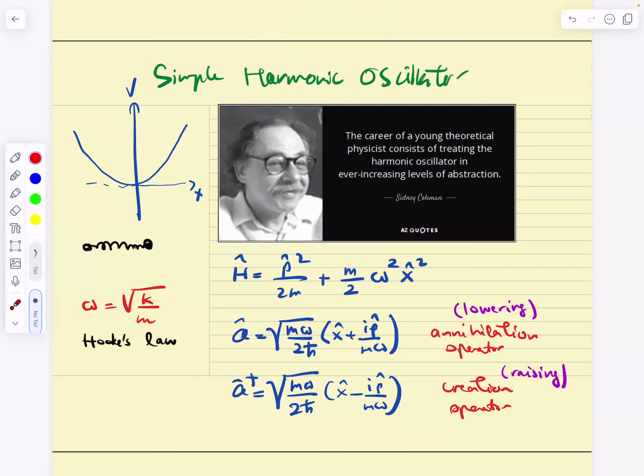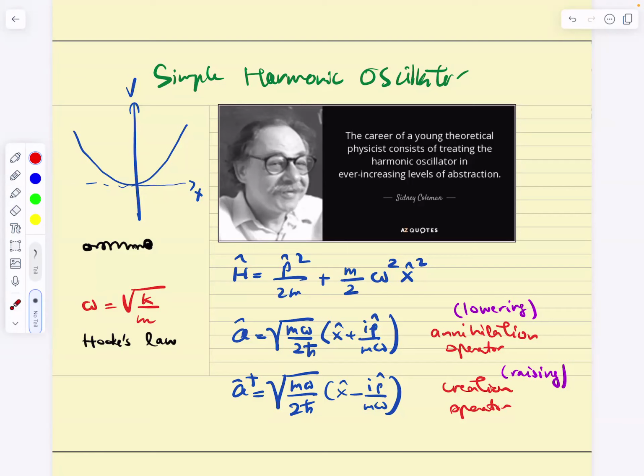I want to write it as square root of M omega over 2 H bar, times X plus I over M omega P. Or, sometimes you write it with the square root of 2 H bar omega M, with M down here, times P. So sometimes you write it this way, sometimes you just factor it out.